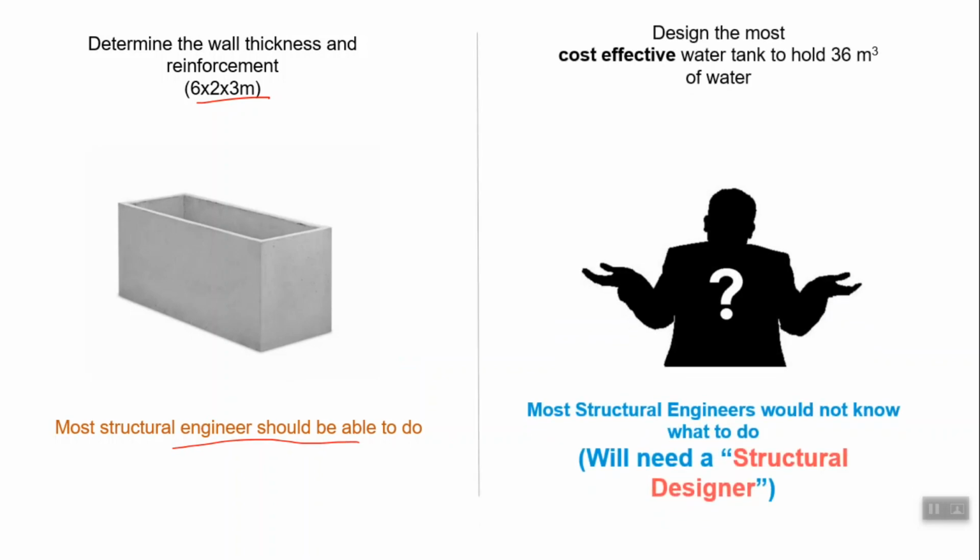But if I rephrase this question and say, design the most cost effective water tank to hold this much cubic meter of water, same volume but now the question is rephrased. You have to consider cost effectiveness also, and now you are allowed to have any shape. You just have to come up with a structure which can hold 36 cubic meter of water.